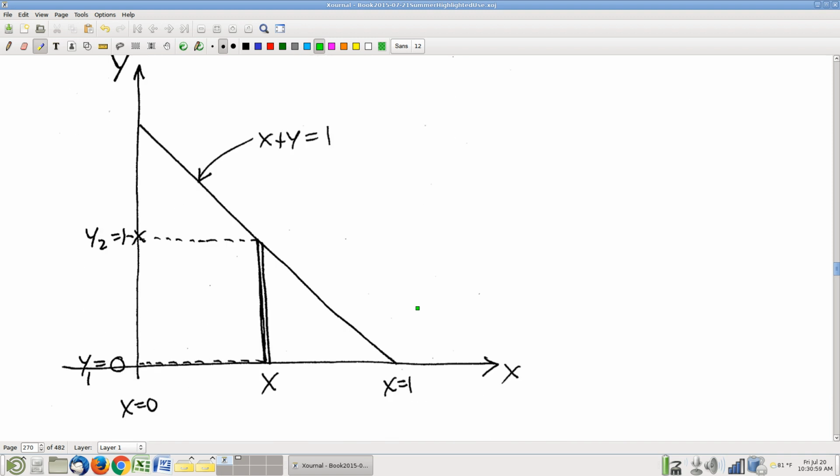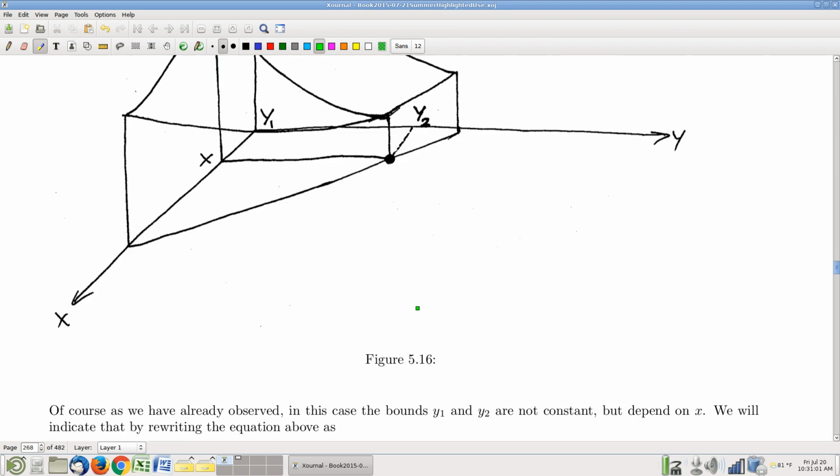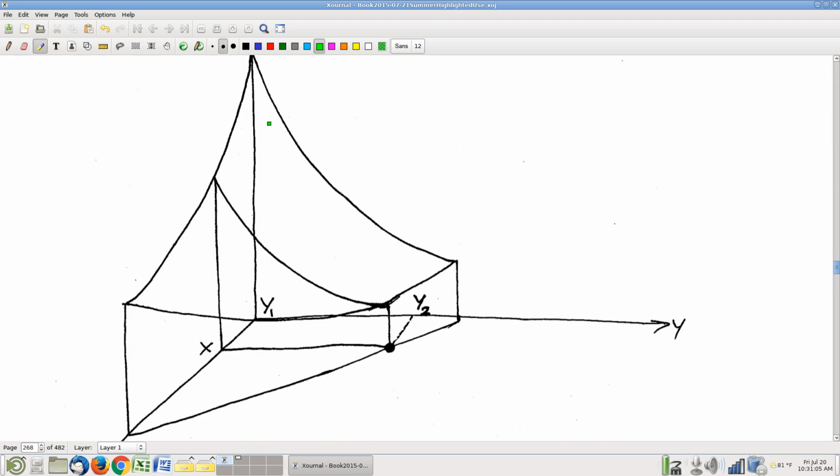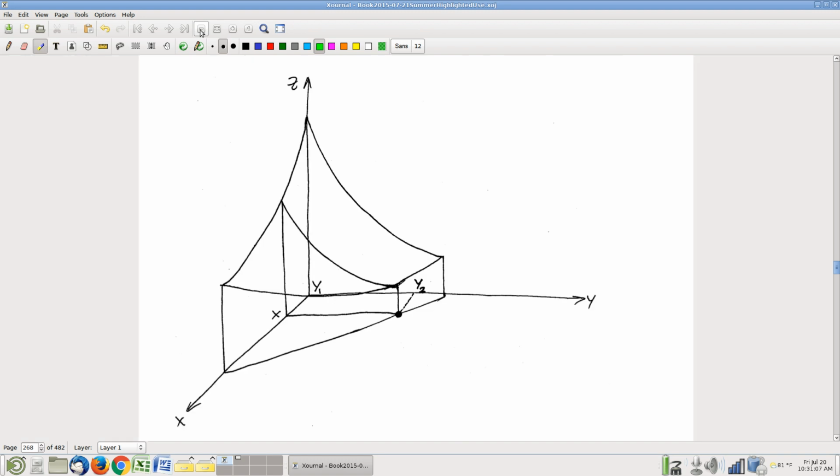So let's go through this slicing process again. Remember what we argued previously was, zoom out, as x goes from there to there, we're going to be looking at slices that look like that. This is what it looks like on the three-dimensional picture. Now, what does that look like on the two-dimensional picture?